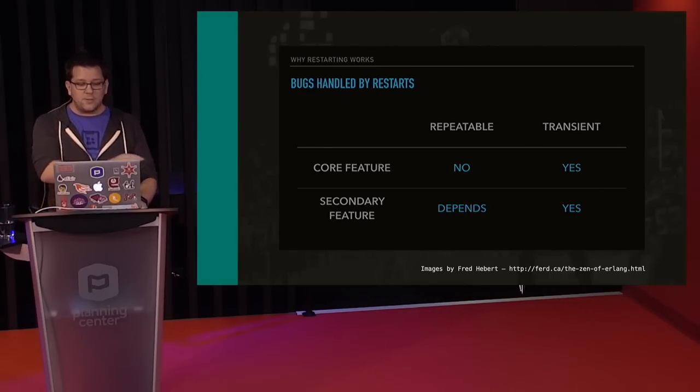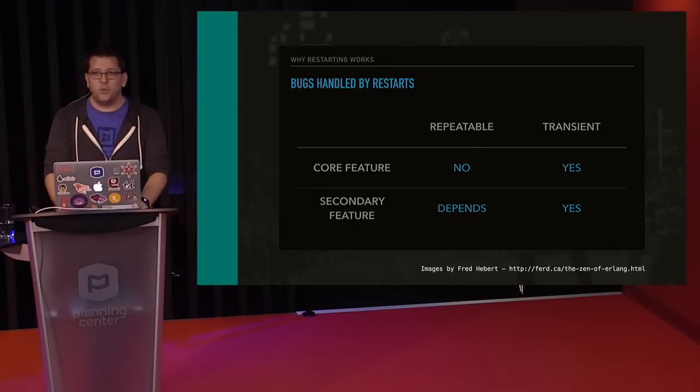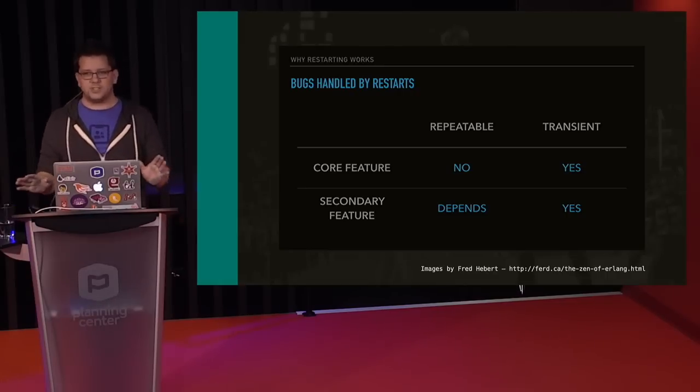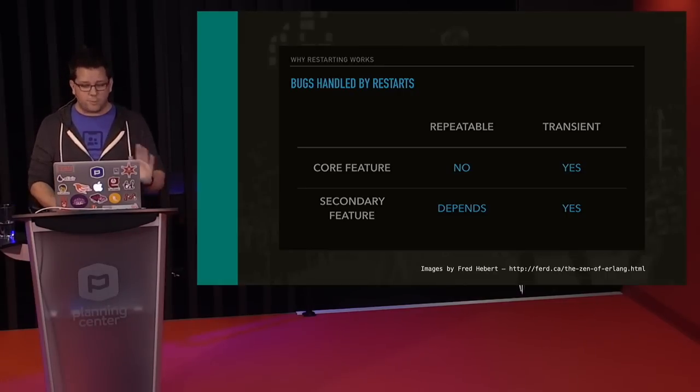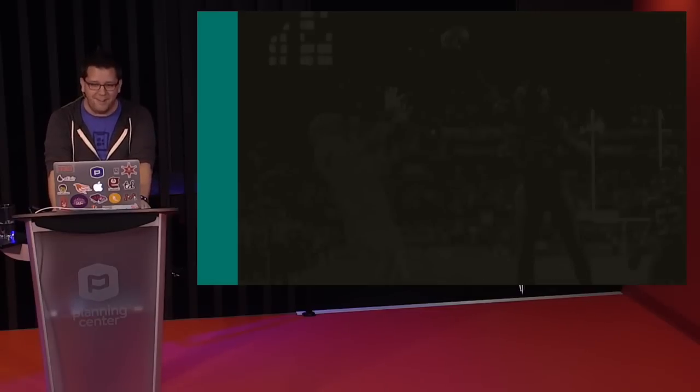Restarting is not gonna fix the easily repeatable bugs, but it's gonna fix the ones that you can't catch. As soon as it crashes, the supervisor sees that it's crashed and just restarts it, and now it's got a brand new fresh state. It's pretty magical. I love this. The more I research OTP, the more I think this is just amazing. So yeah, it's awesome. All right, moving on.